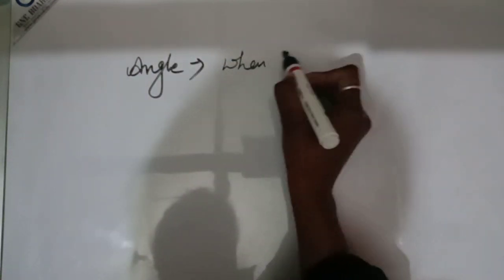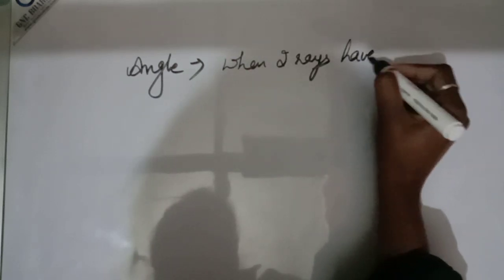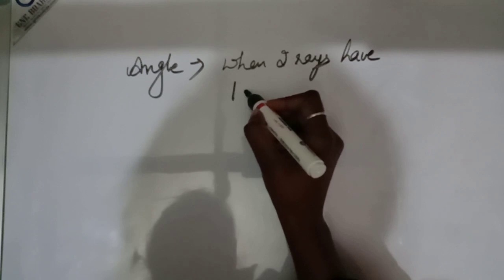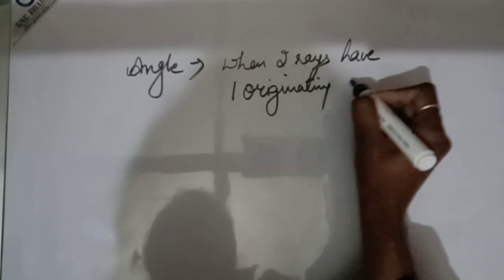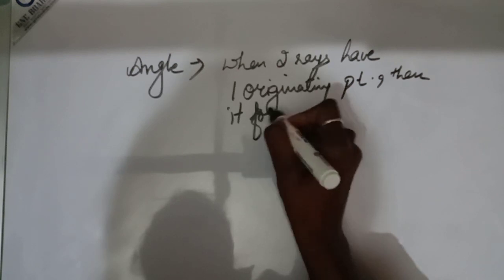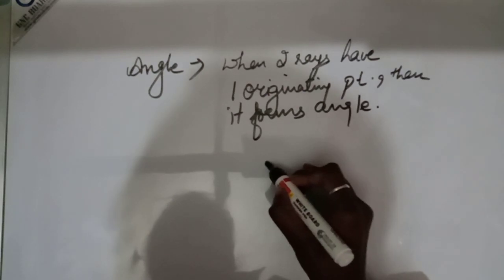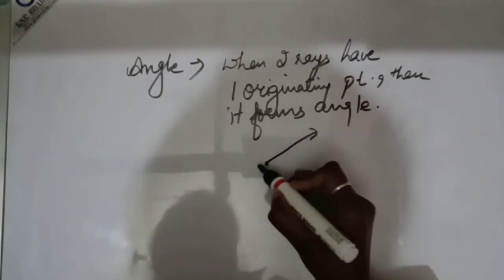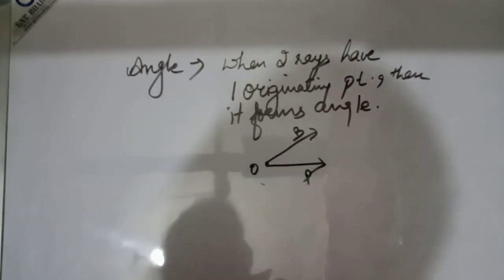Now, what is an angle? When two rays have one originating point, then it forms an angle. For example, if we consider this point and it has this ray and this ray, ray OB and OP.